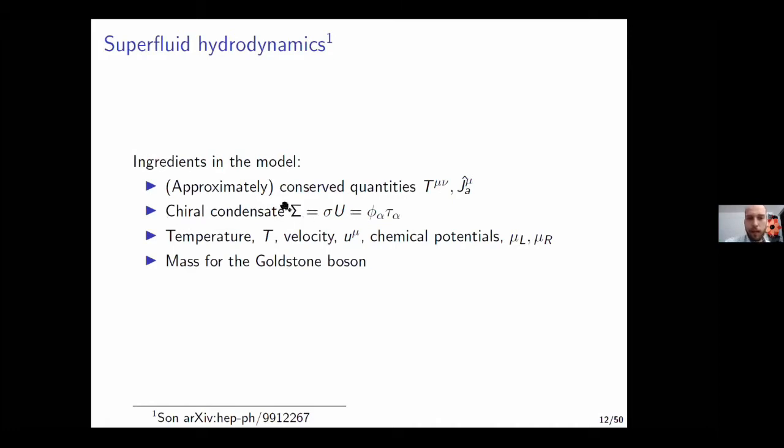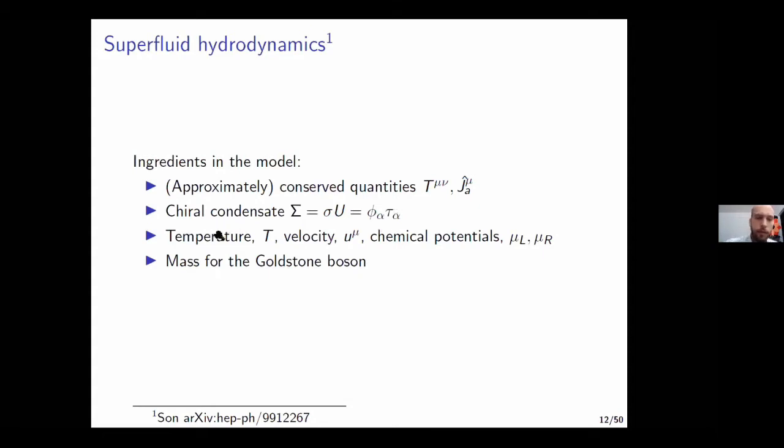You have this chiral condensate, which you can write in polar representation, so sigma is the amplitude and u is the phase. Or, as I'll be writing during this talk, you can write it in Cartesian form, phi alpha tau alpha, where tau is a vector of Pauli matrices. So tau 0 is the identity matrix, and then tau 1, tau 2, tau 3 correspond to the different Pauli matrices.